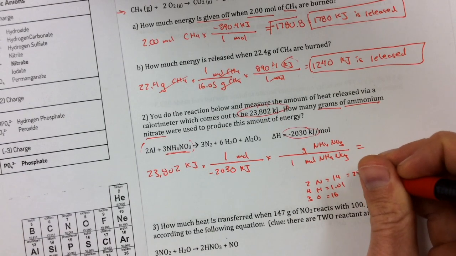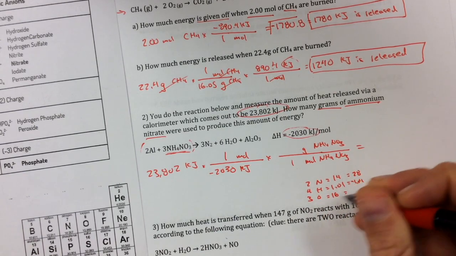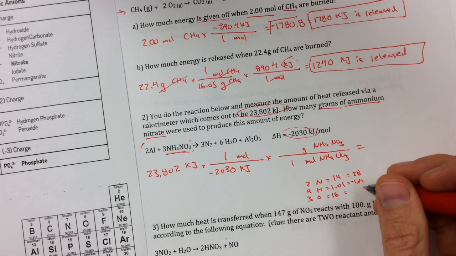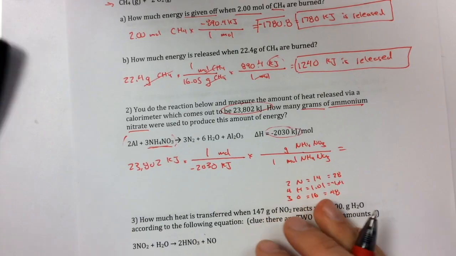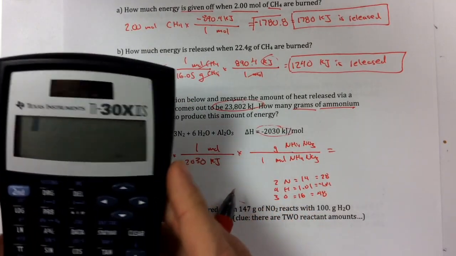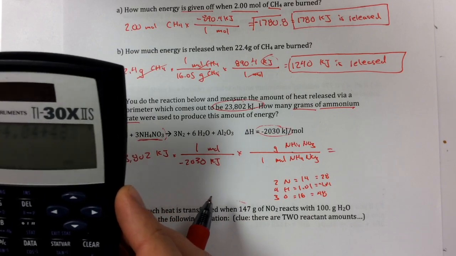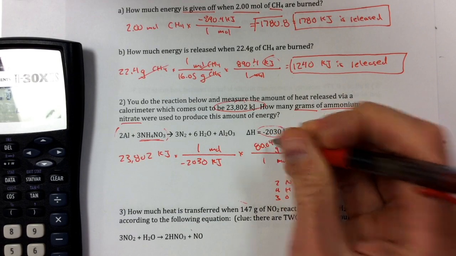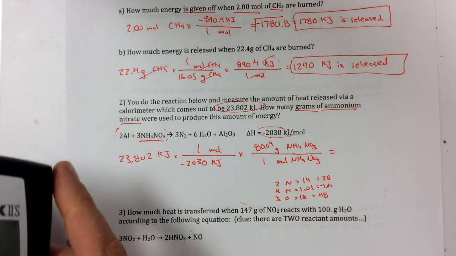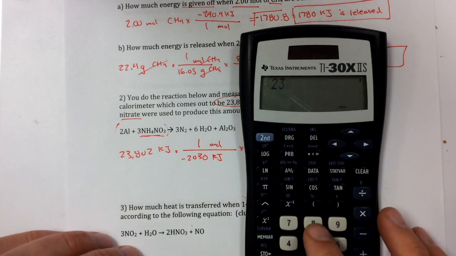So that's 28. 4 times this is 4.04. 3 times 16 is what? 48. I add those together, 28 plus 4.04 plus 48, and I get 80.04.